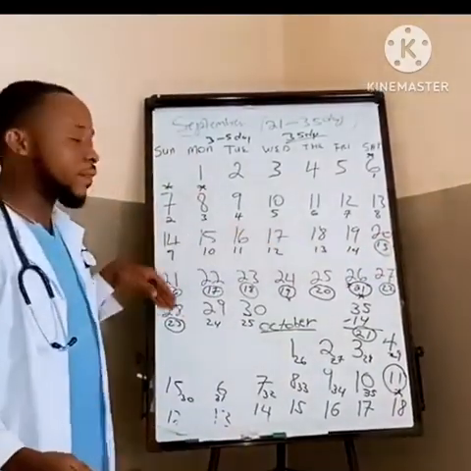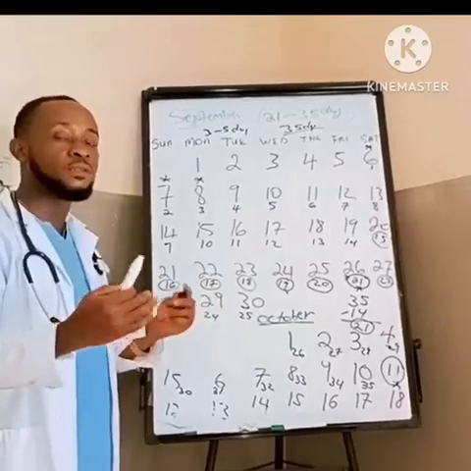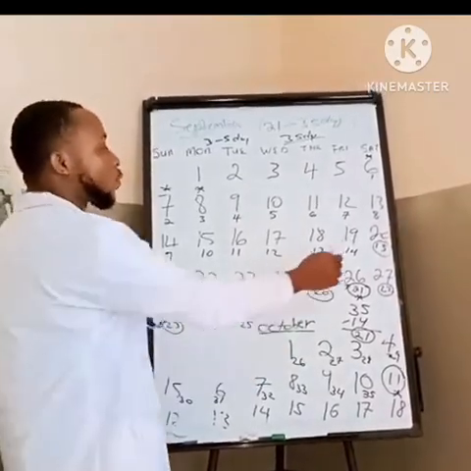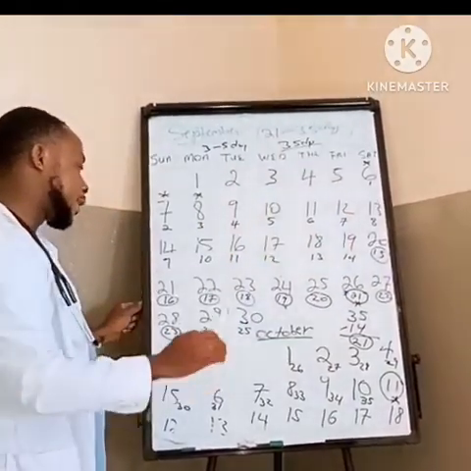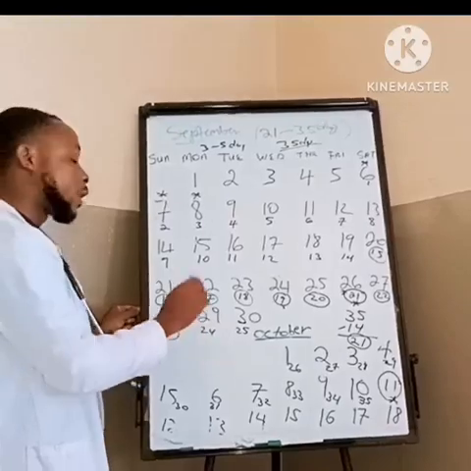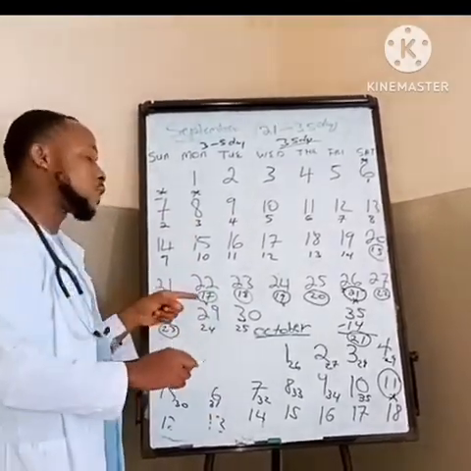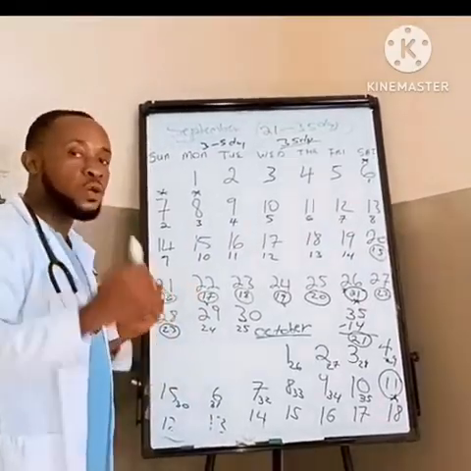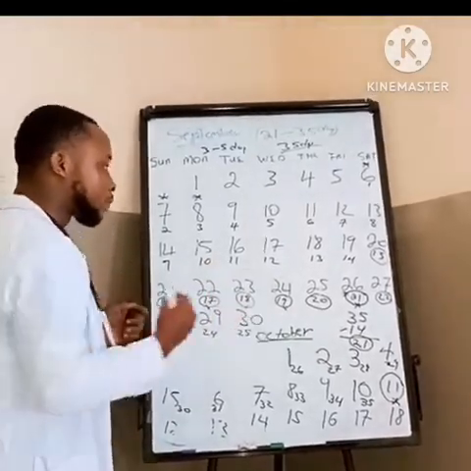The reason why we stated 5 days previously is because the sperm cells can survive within 3 to 5 days. So with intercourse on this day, the sperm cells can live up to a day where they can meet up with the egg, approximately on the first day of ovulation.